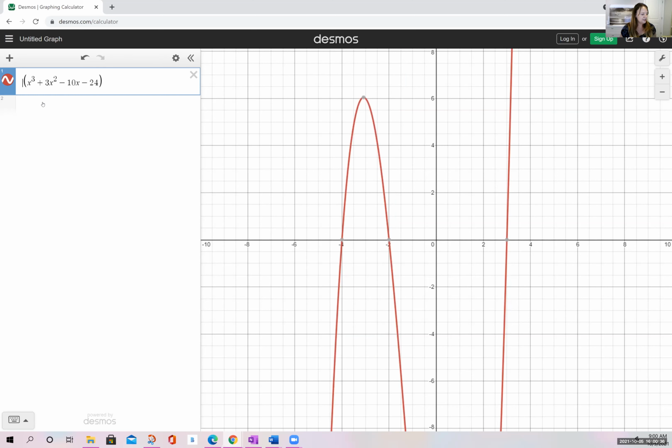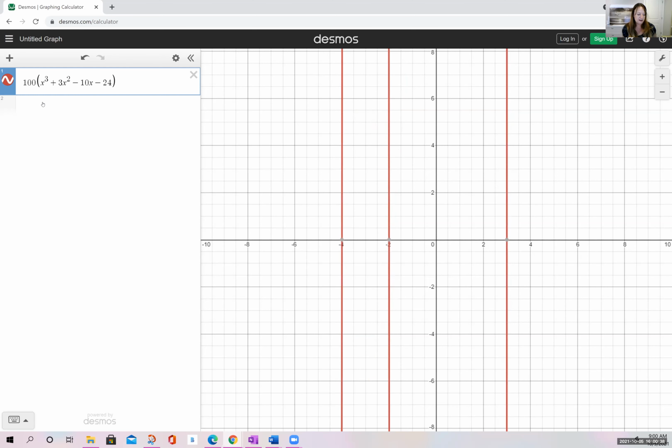If I multiplied this by 100 out front, that's not changing my intercepts. So there's an infinite number of functions that have those intercepts, because I could write any real number outside of the polynomial we just found, and that would still give me the same intercepts.